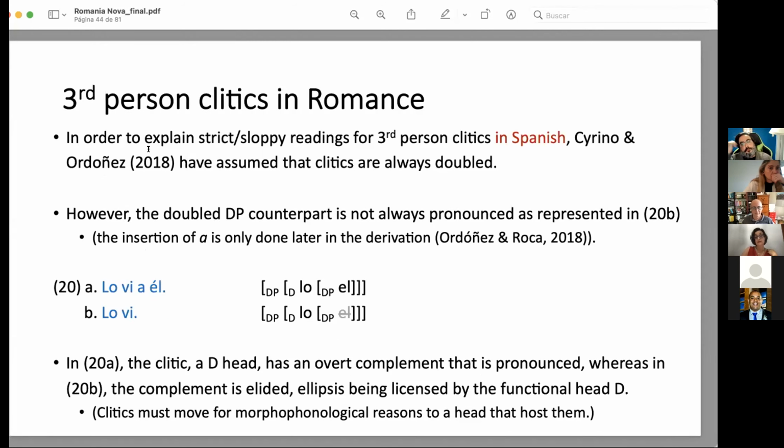And in order to explain the strict and sloppy readings of these third person clitics in Spanish, we have assumed that this would be a possible structure for clitics. Clitics are always doubled, but in one instance it would be elided.